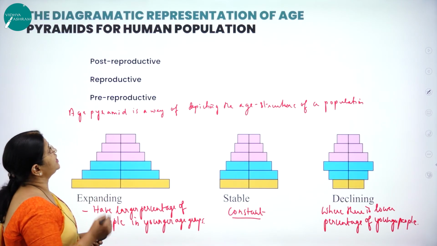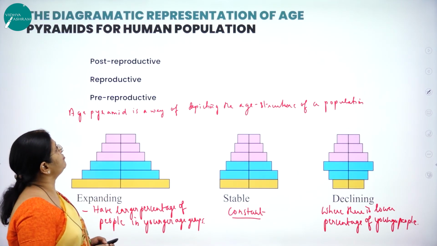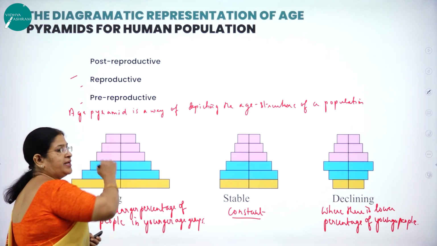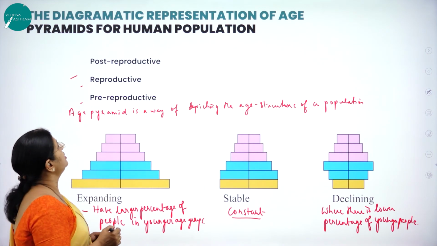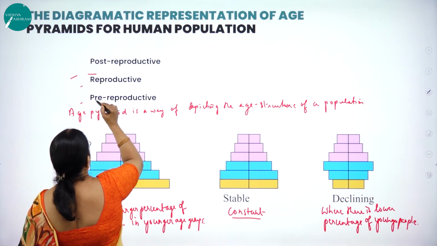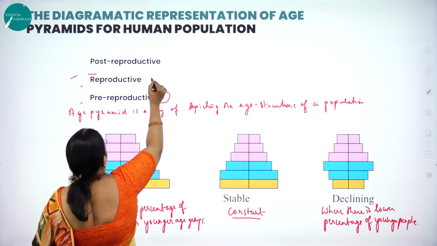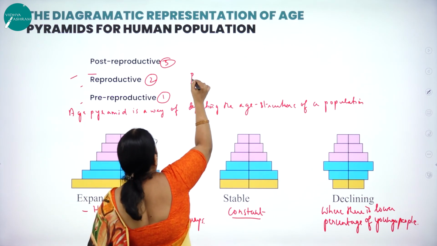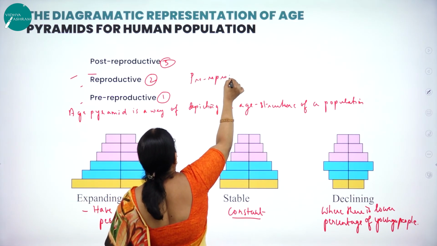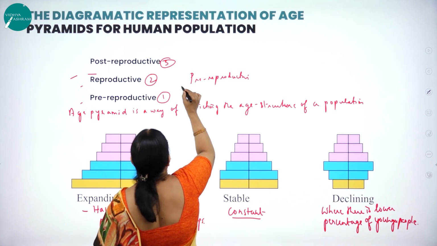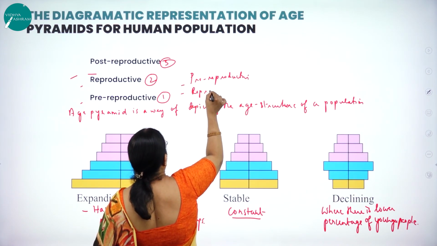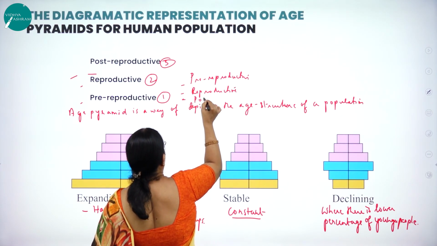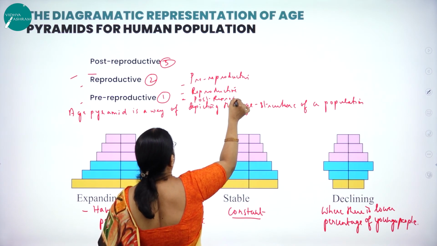So moving on to the diagrammatic representation of the age pyramid for the human population. As I said, the age pyramid represents 3 very important age structures. First one is the pre-reproductive, second one is reproductive, and the third one is the post-reproductive structure.